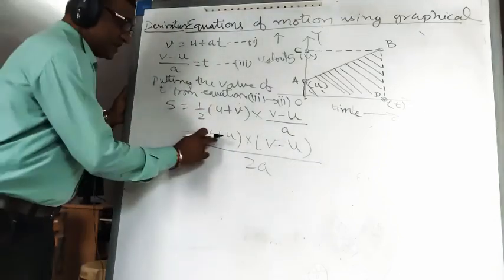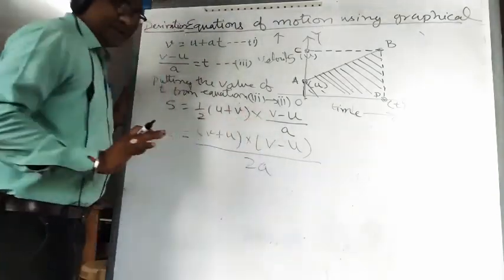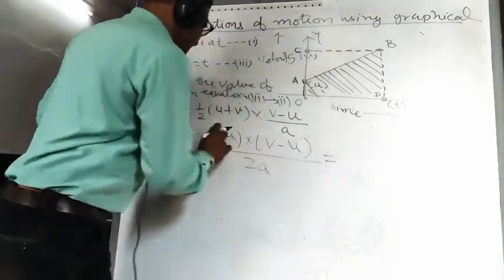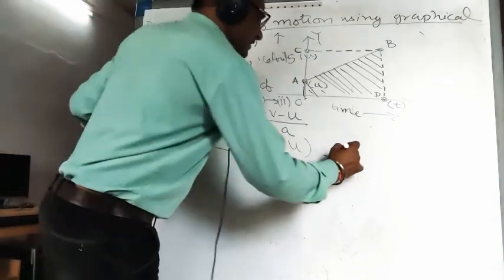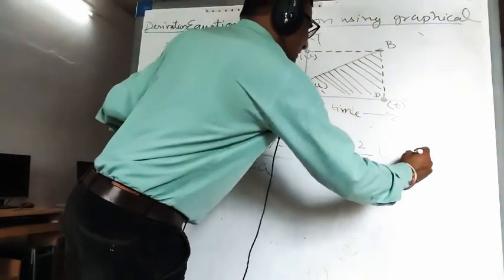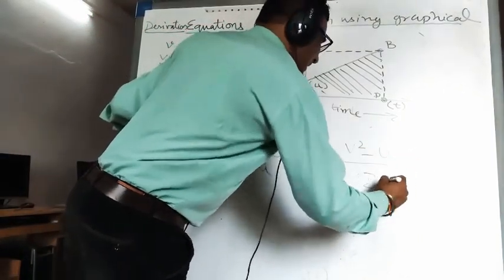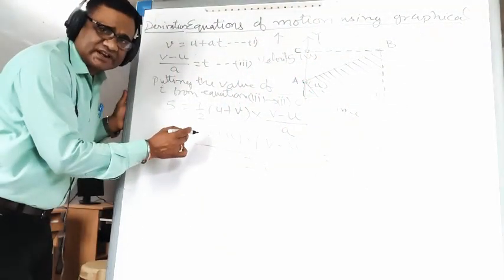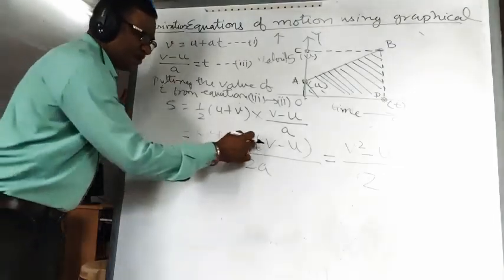Now this is a plus b into a minus b, which becomes a square minus b square, that is v square minus u square, whole divided by 2a. This is an algebraic formula: a plus b into a minus b.